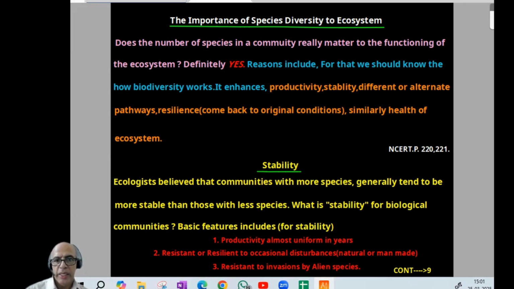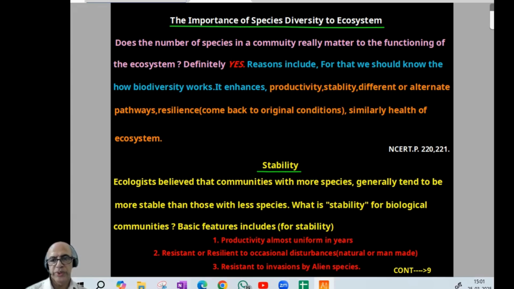So when we say stability and productivity, you are familiar. What is stability? Ecologists believe that communities with more species generally tend to be more stable than those with fewer species. What is stability for biological communities? For that, there are three basic aspects of stability.